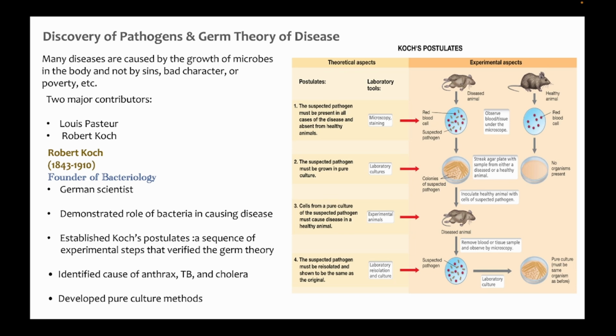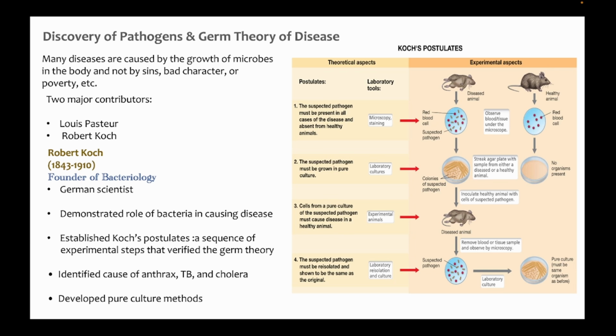Then the suspected pathogen must be grown in pure culture. So whatever bacteria that they obtain, they must be able to grow on the agar plate, make sure it's pure. And then the pure culture of the suspected pathogen must cause disease in a healthy animal.